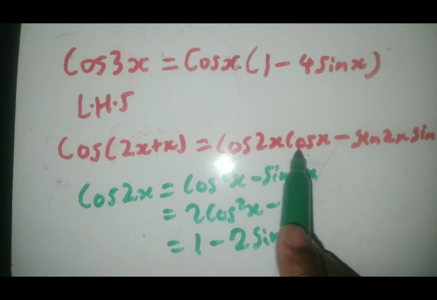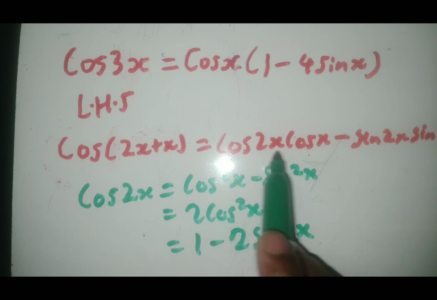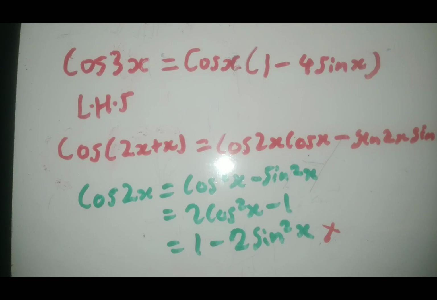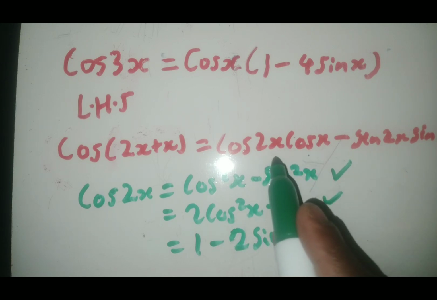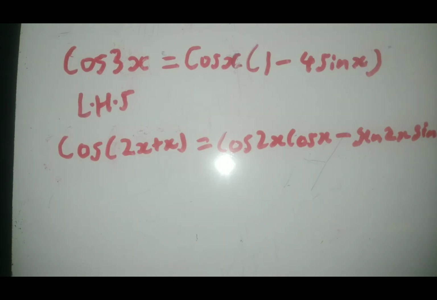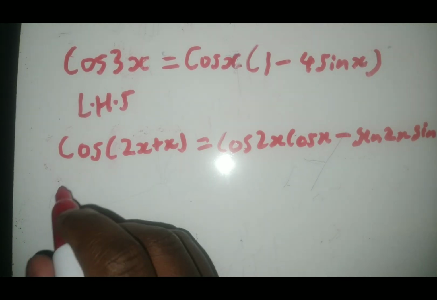So because we have got cos next to the one that we want to expand, it's best to expand it to the one that is cos. So in other words, this one is out. So we can either use this one or this one, but the best option is this one because it has got cos only, right? So we're going to expand that, so let's expand it.